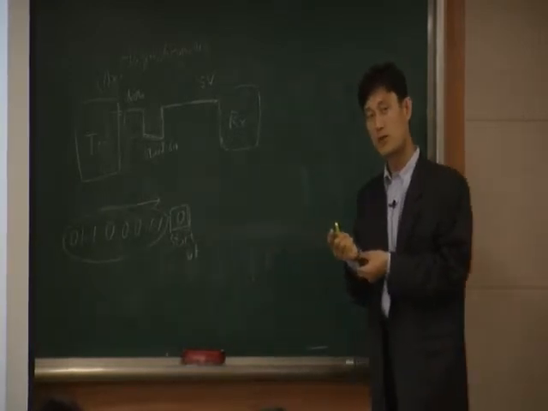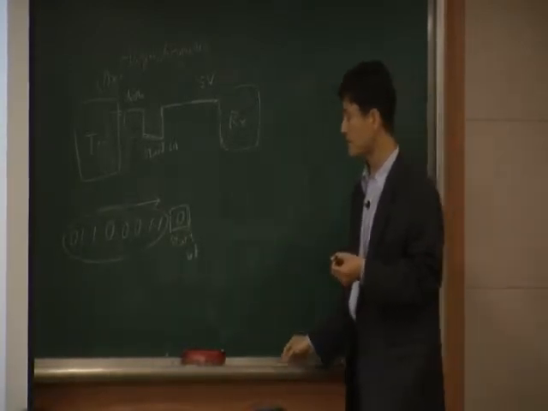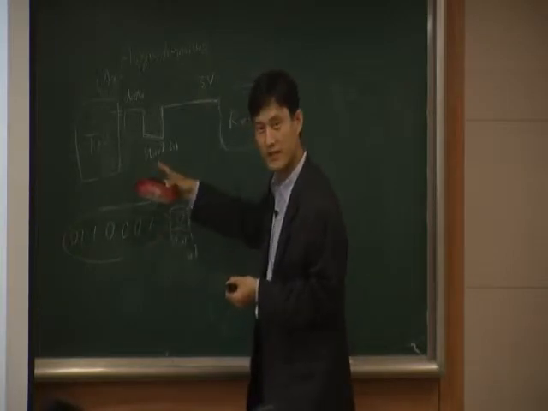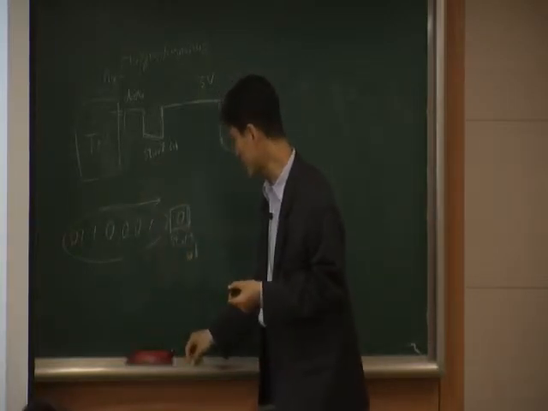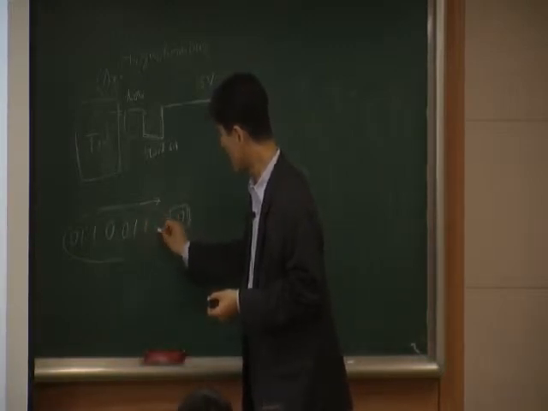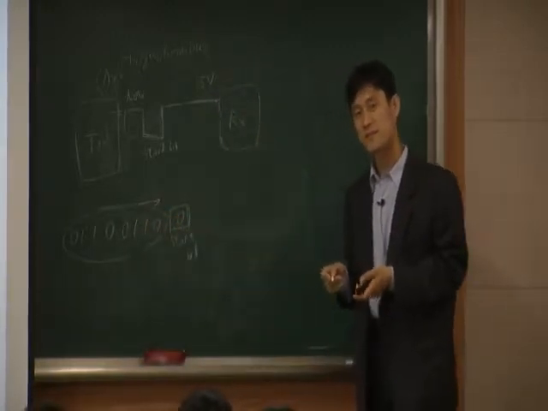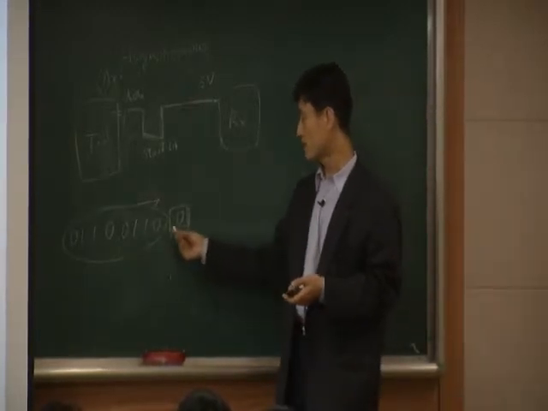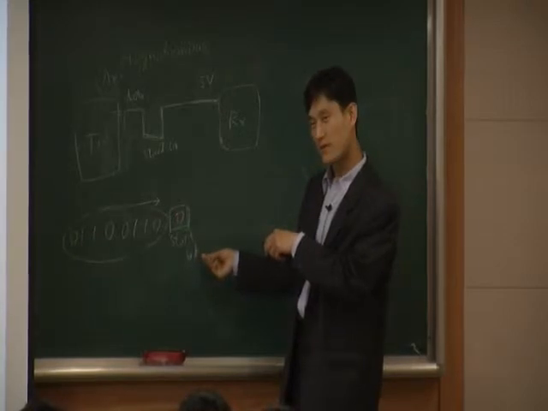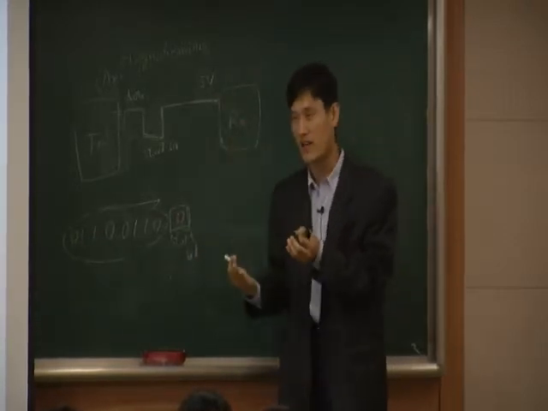However, we have one more problem. This is clear, right? But we have one more problem. Let's say I'm transmitting this data. In that case, my start bit is always 0. This is always 0 because we need to do edge detection.